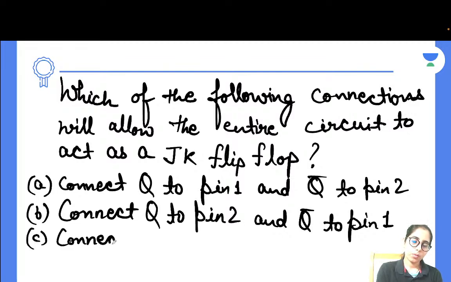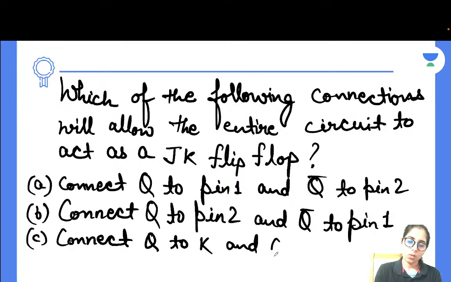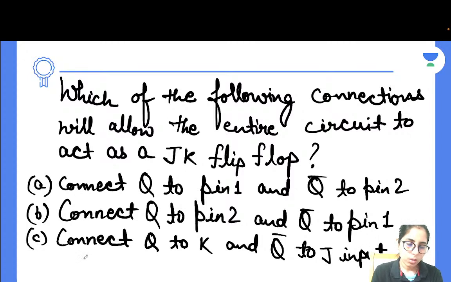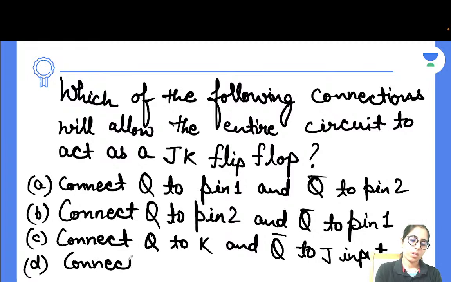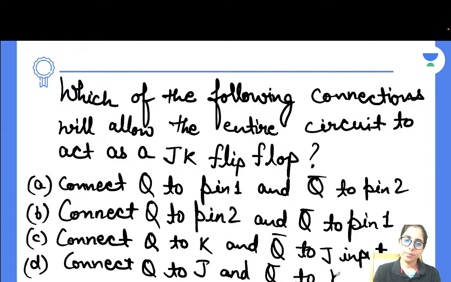Connect Q to K and Q bar to J. Option D says connect Q to J input and Q bar to K input.